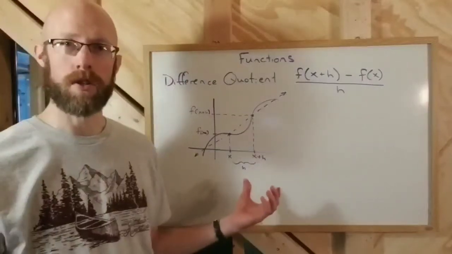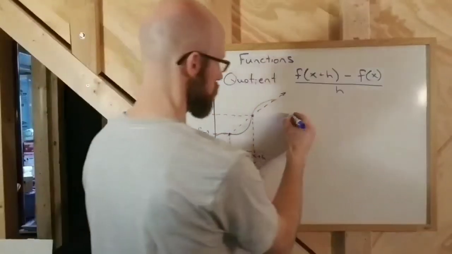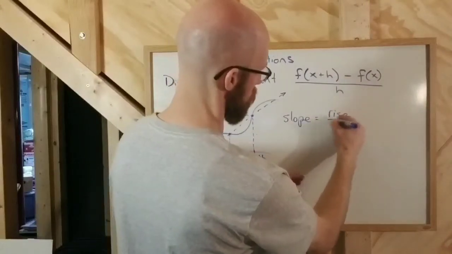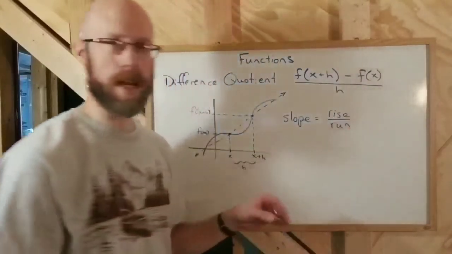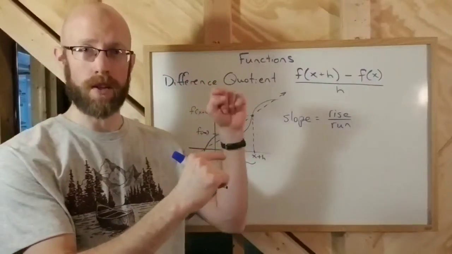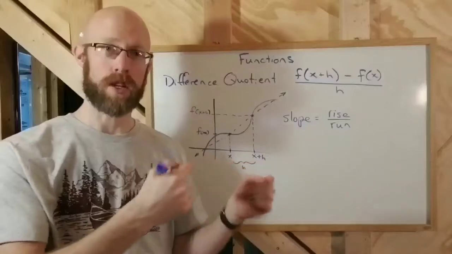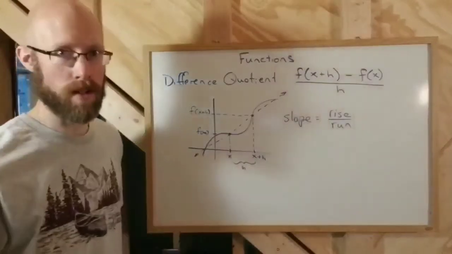Now if I wanted to find the slope of this thing, remember that the slope is the rise over the run. It's the vertical change, or the change in the y values, divided by the horizontal change, or the change in the x values. So we call that rise over run.